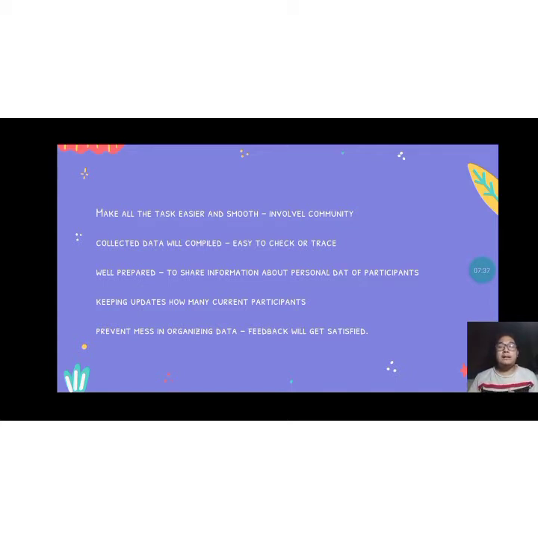So all the 167 data collected during the registration week will be compiled together by our team to make it easy to check or trace all of it one by one.